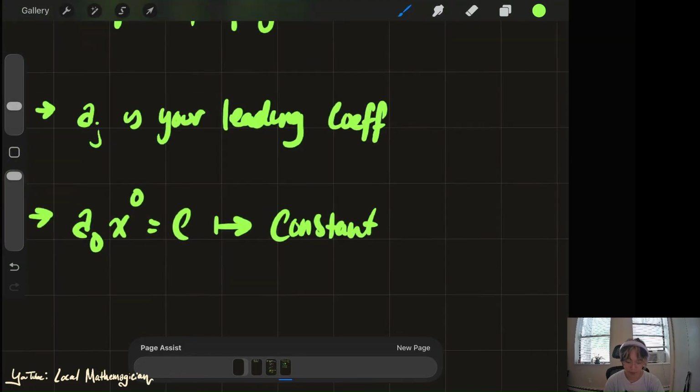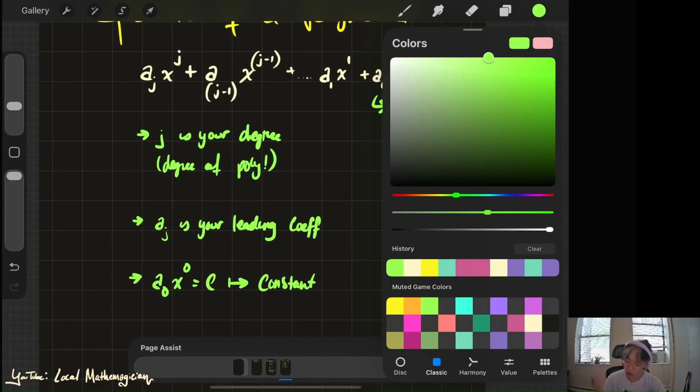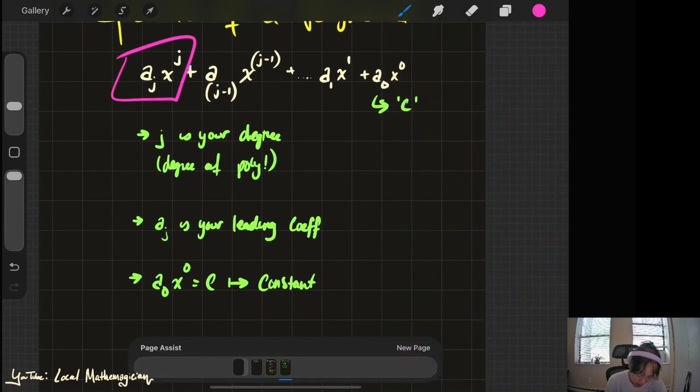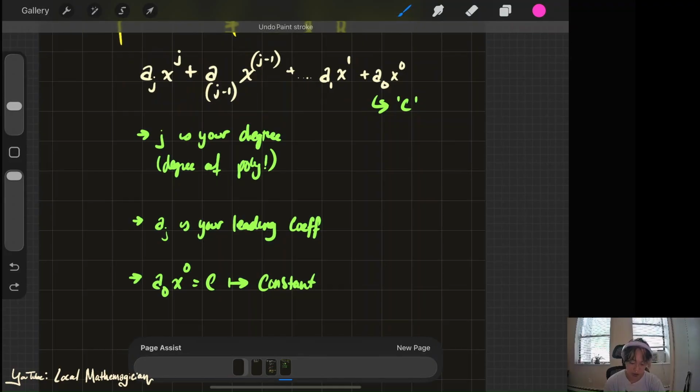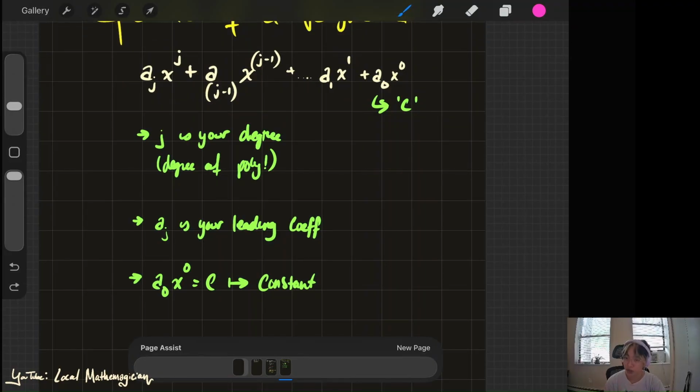So each of these individual pieces, like this, this, this, and this, these are all called terms. Like this is the jth term, for example. All right, let me rephrase that. This is called the first term because we read left to right. So this is the first term, this is the second term.